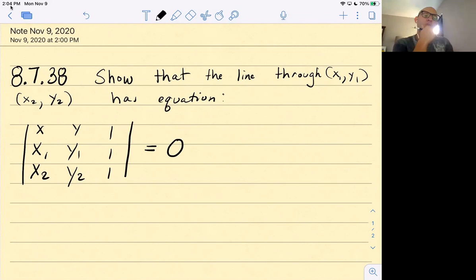Yeah. So first, before we approach this one, let me let some other people in. Okay. Hello, everyone. Good afternoon. So Emily asked about this question on the homework.